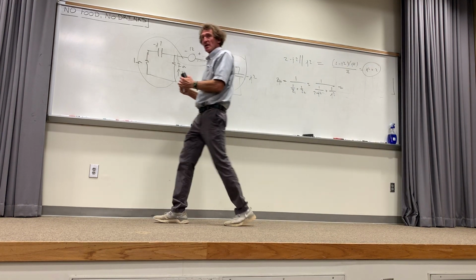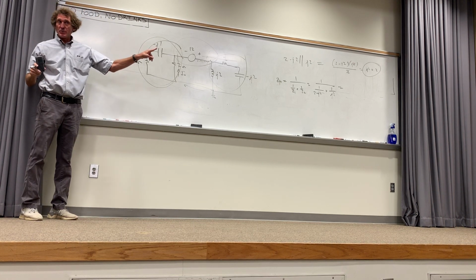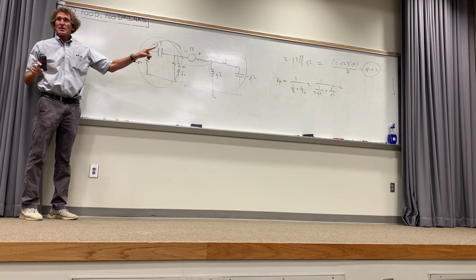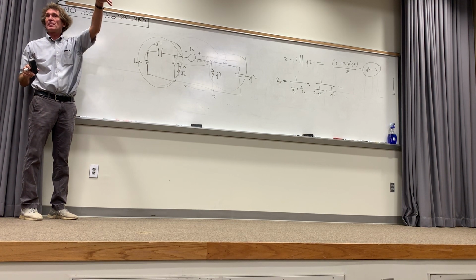What about this one right here? The parallel combination would be Z1 times Z2 over Z1 plus Z2. How many understand that? That's parallel combinations for resistors and impedances, right?